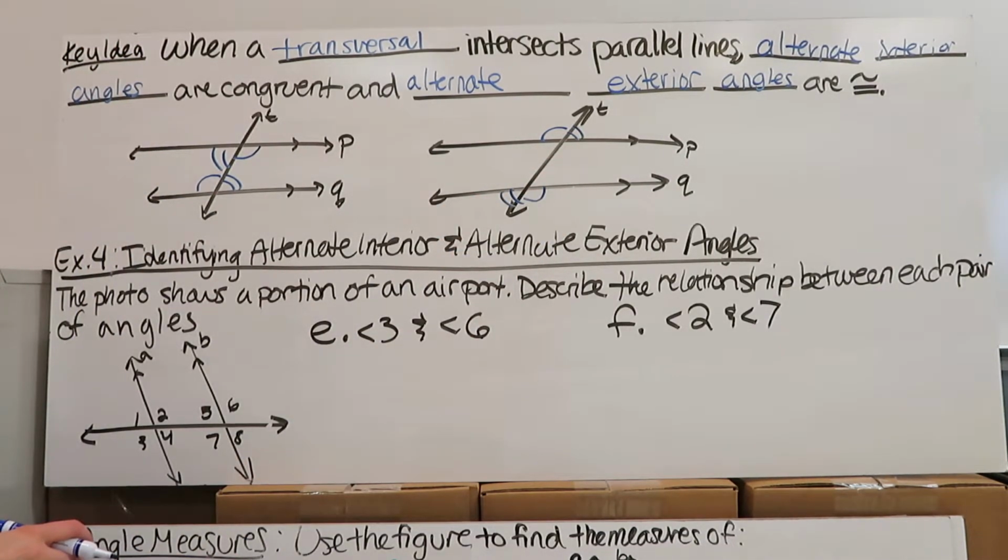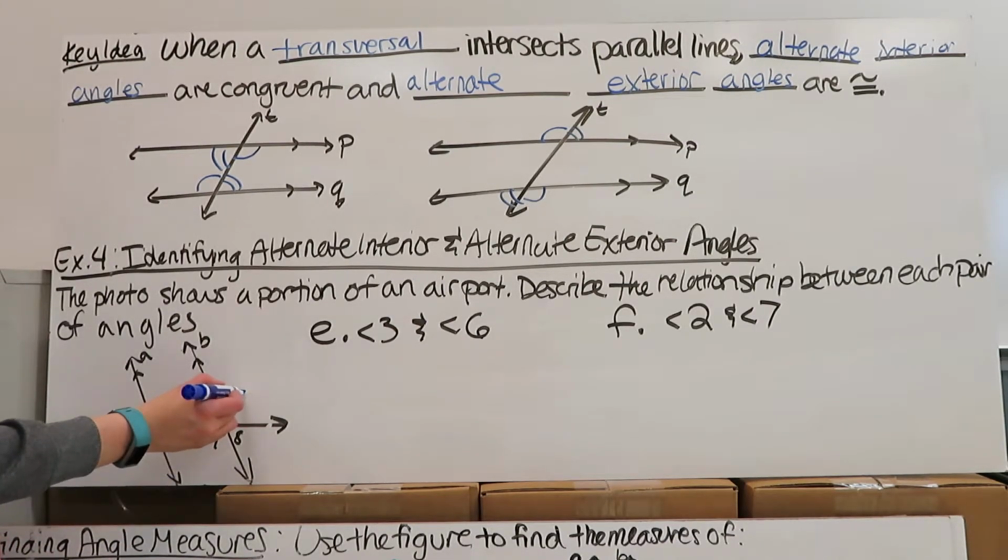So identifying alternate interior and alternate exterior angles. The photo shows a portion of an airport. Describe the relationship between each pair of angles. So we have angle 3 and angle 6.